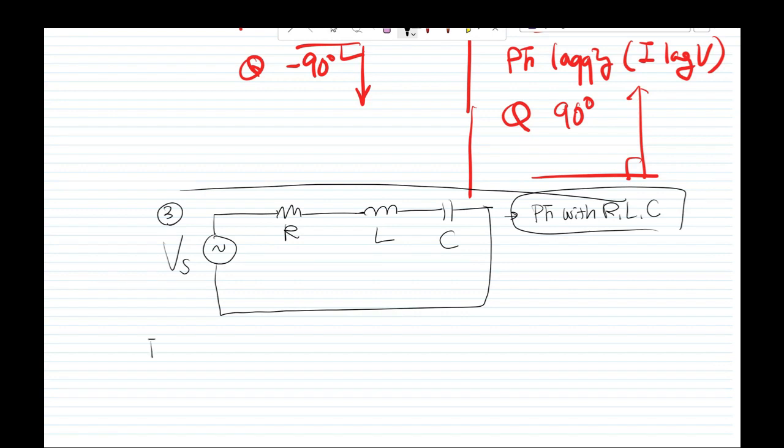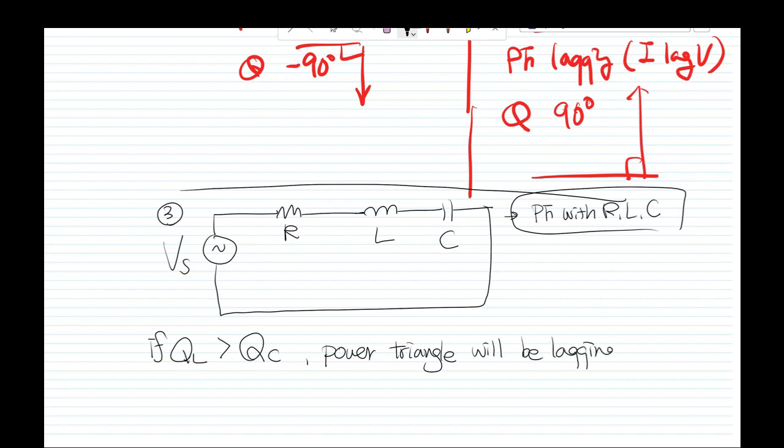So if Q sub L is greater than Q sub C, the power triangle will be lagging power factor. Okay?